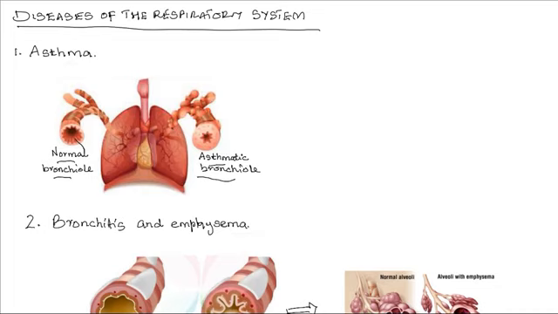Now, the only way to treat and control asthma and prevent its occurrence, in some cases, is by spraying of a muscle relaxant directly into the bronchial tubes.